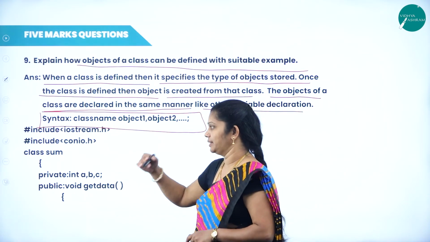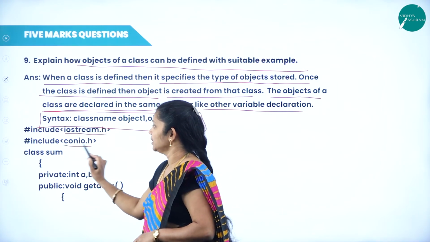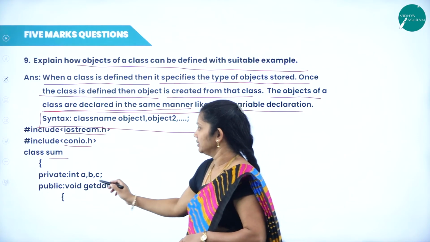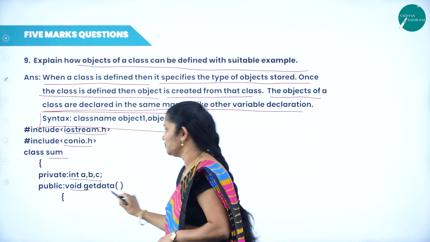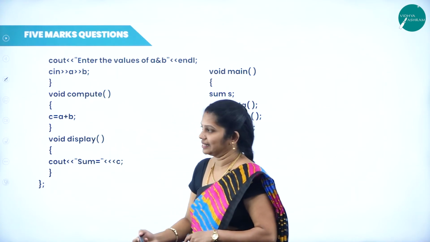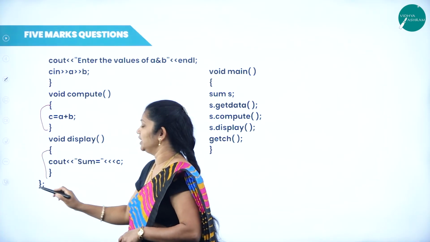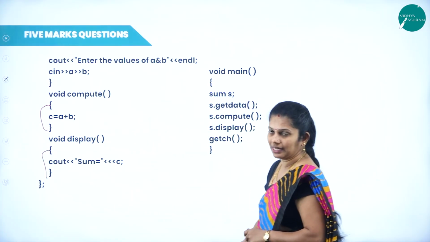In the example, I am taking the same program, sum of two numbers: first the header files, then the class name sum. Under this we have data as well as functions. Then we are writing the statements inside the class itself. Here this is a compute function and this is a display function. Then finally we close the class.